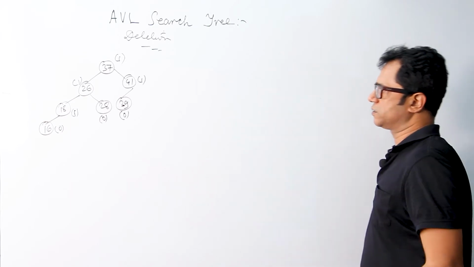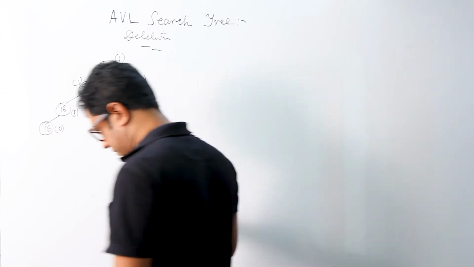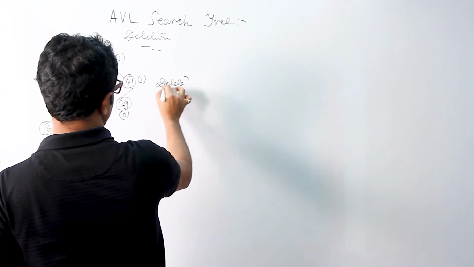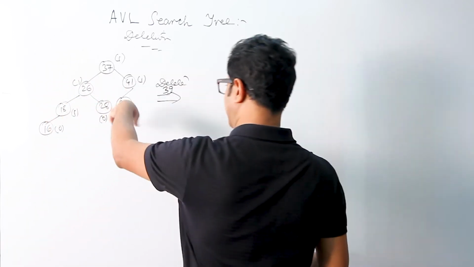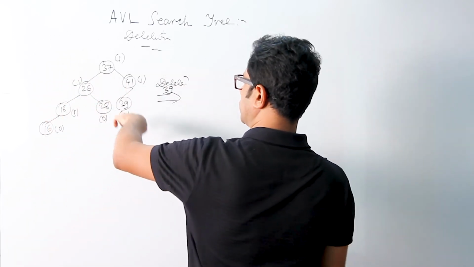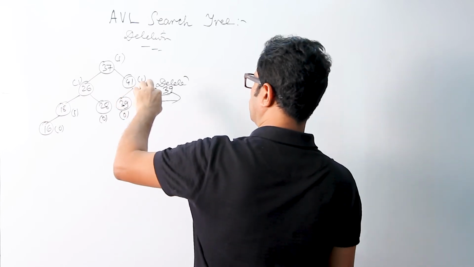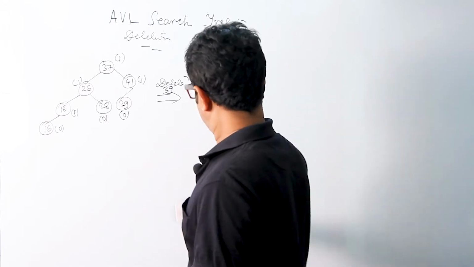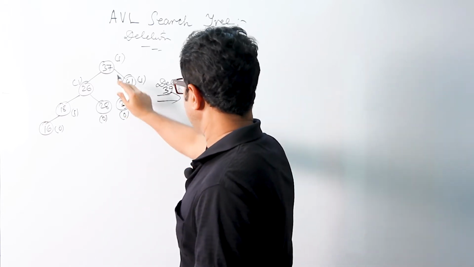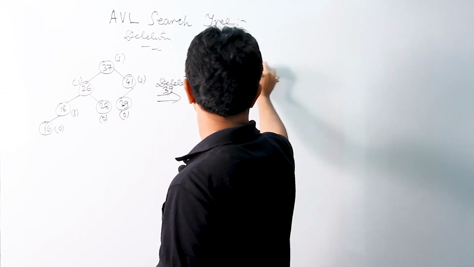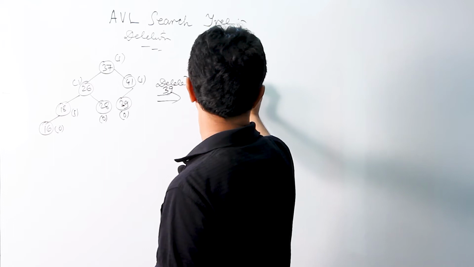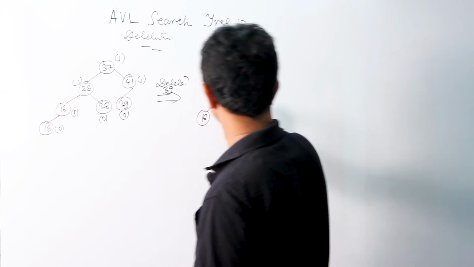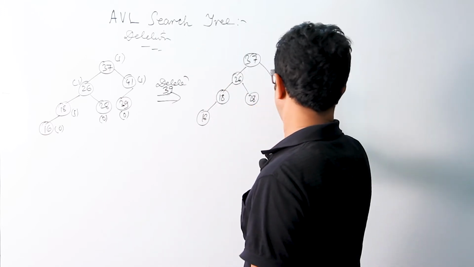So suppose we delete this 39 from over here, then what will be the situation which warrants the R1 rotation to be performed? I will show it to you. After deletion of this 39, the tree will look like this: 37, then 26, then 18, then 16, then 28, then 41.